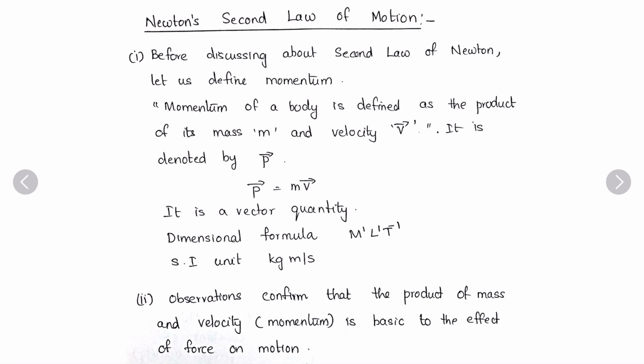Now let's move on to Newton's second law of motion. Before going to discuss the second law, let's define a small word, that is momentum. Earlier I discussed inertia. Now I am talking about momentum. Momentum is nothing but the product of mass and velocity.